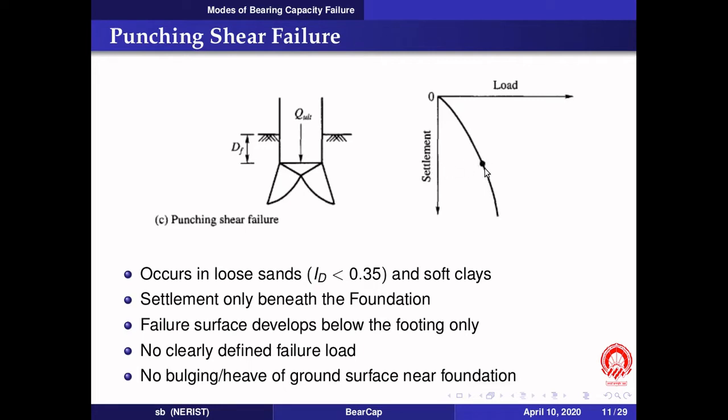We have to decide based on the amount of settlement. So this is what is called punching shear failure. So these are the shear failure modes, namely general shear failure, local shear failure, and punching shear failure.